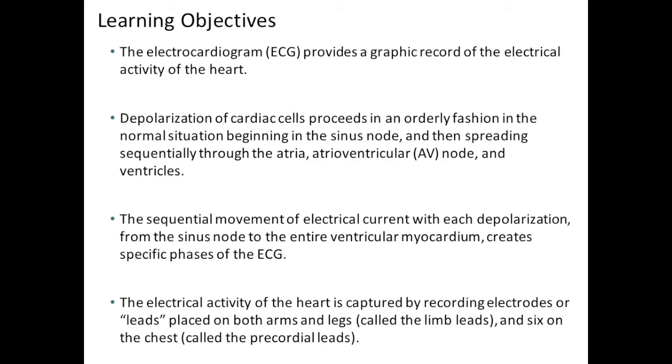It starts at the sinus node and then spreads sequentially to the atrioventricular node and the ventricles. The sequential movement of the electrical current with each depolarization from the sinus node to the entire ventricle is what creates specific phases of the ECG, which we will go over.